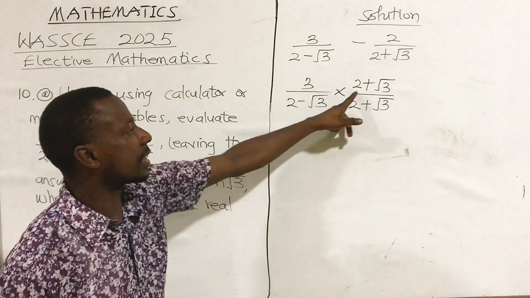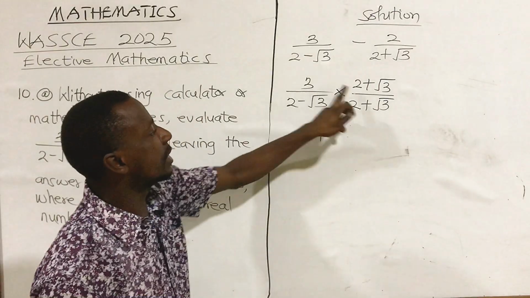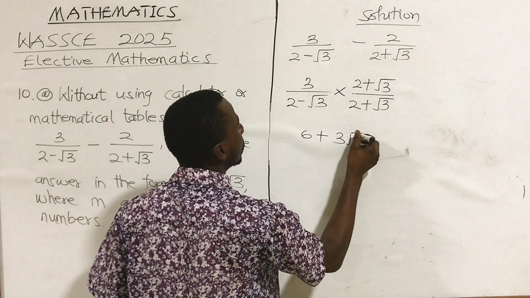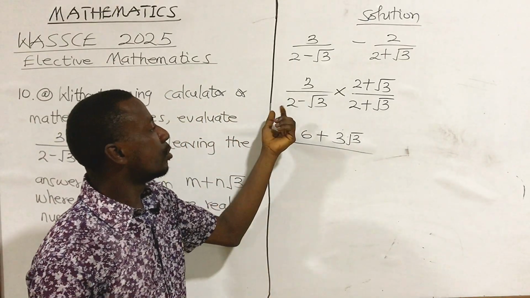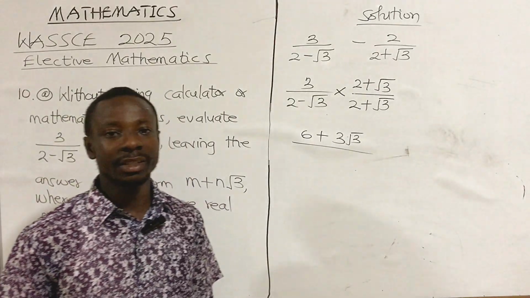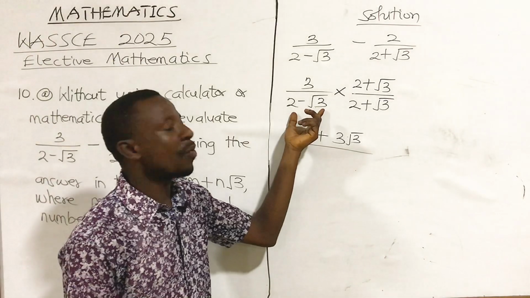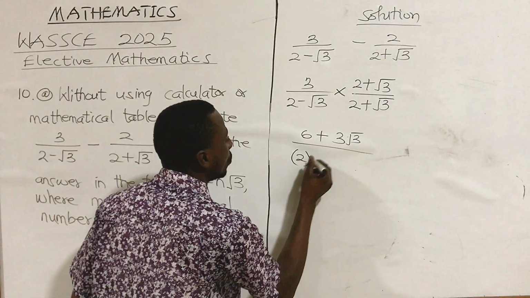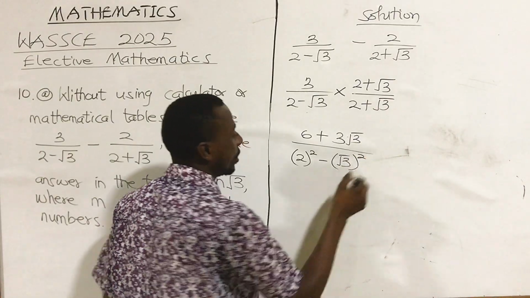So from here, 3 times 2, we have 6, plus 3 times root 3, we have 3 root 3, all over 2 minus root 3 multiplying 2 plus root 3. This is a very simple trick. Pick the one with the negative. So we have 2 squared minus root 3 squared.